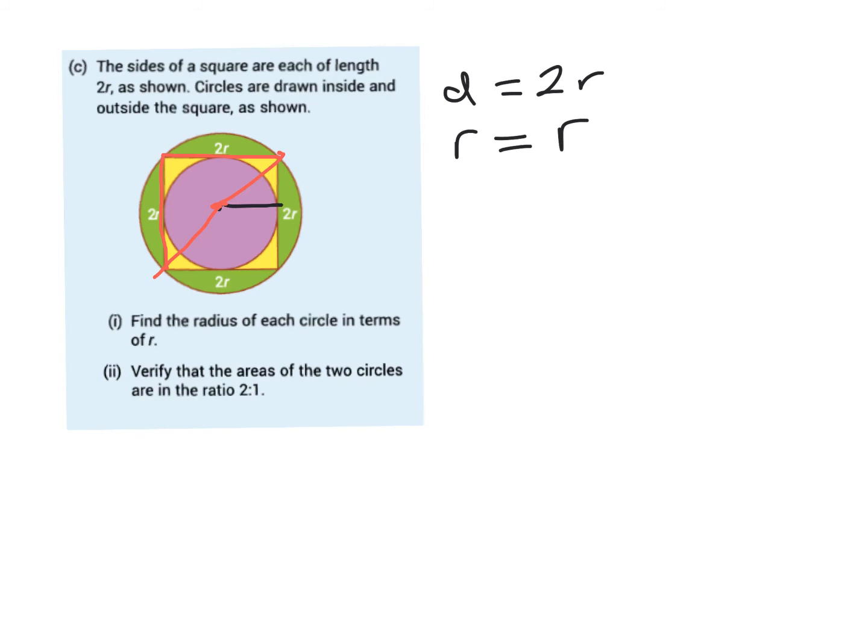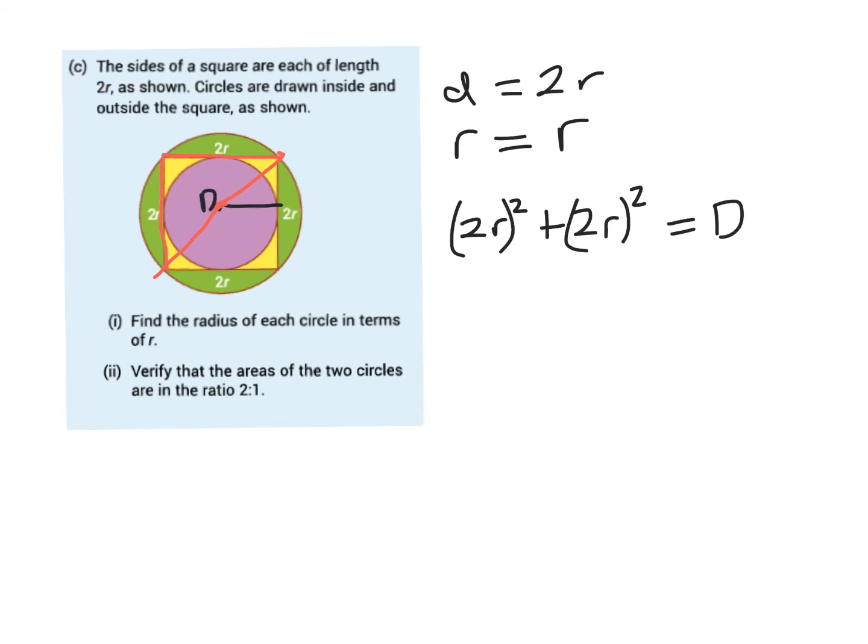So I have 2r squared. Remember, put that in brackets like so, plus 2r squared, and that's going to give me that diameter. Let's call it just capital D. Okay, so it's going to give me this guy, the capital D.